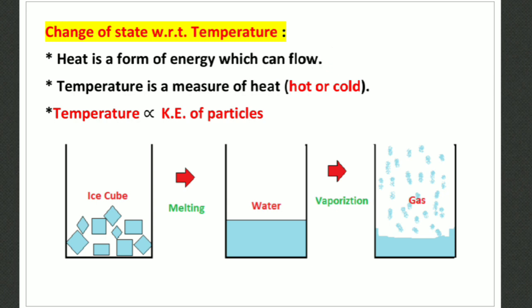And the second point is temperature is the measure of heat. This means hotness or coldness. That is, temperature gives the hotness or coldness of a state or a system. The higher the temperature, the higher the kinetic energy, because temperature is directly proportional to the kinetic energy.